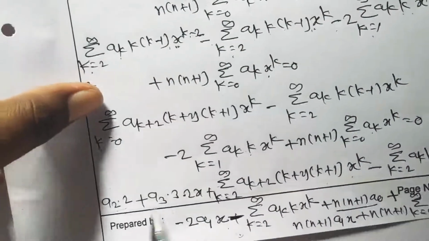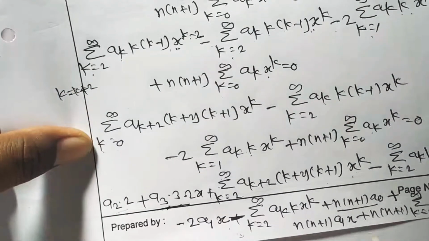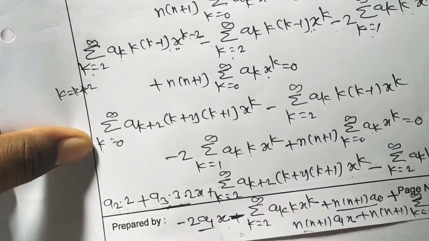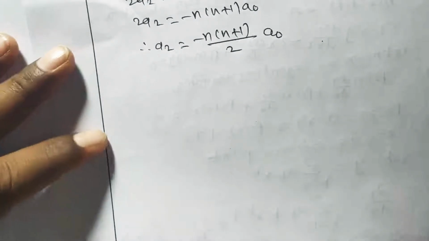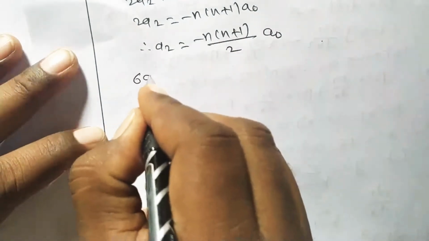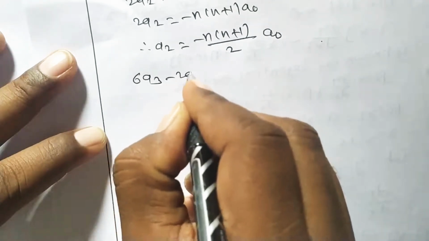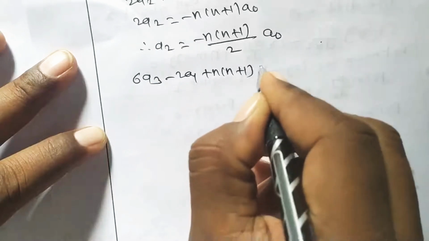Okay, now if we equate the coefficient of x, look here, 3 into 2, 6a3, and here 6a3 minus 2a1x and plus n into n plus 1 a1x. So coefficient of x is 6a3 minus 2a1 and plus n into n plus 1 a1.